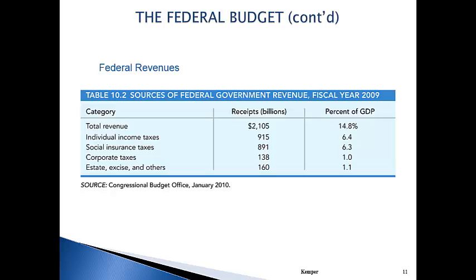The next are social insurance taxes. Those are things like Social Security, Medicaid, and Medicare. Next, you'll see the corporate taxes, and you'll notice those are not really significant. Only $138 billion, or 1% of GDP.